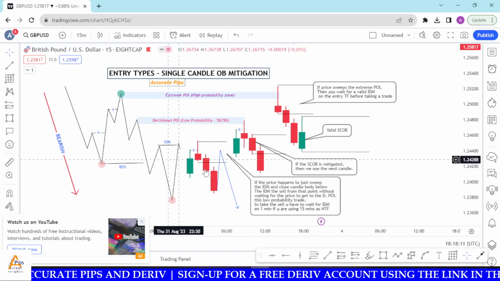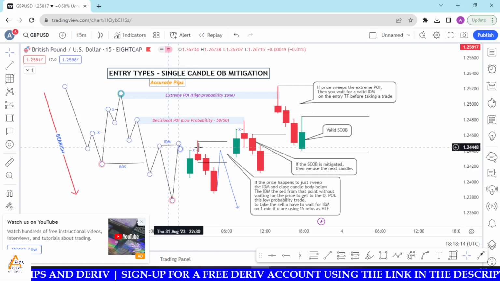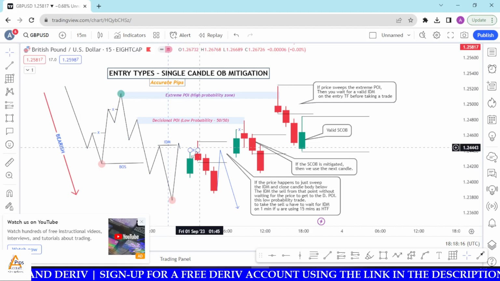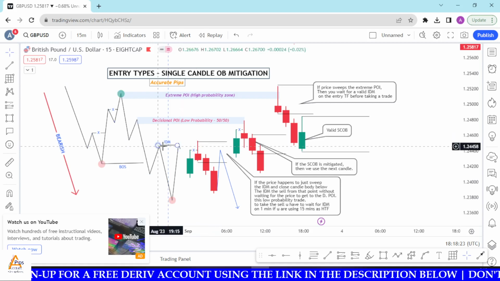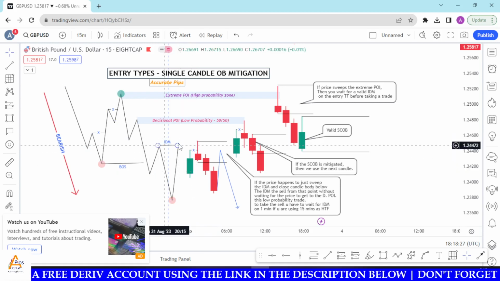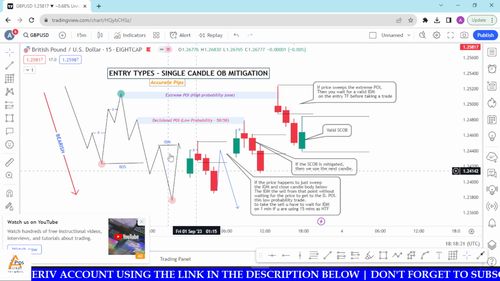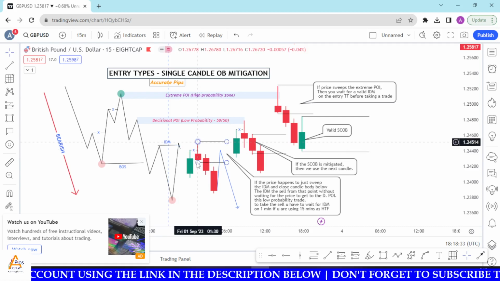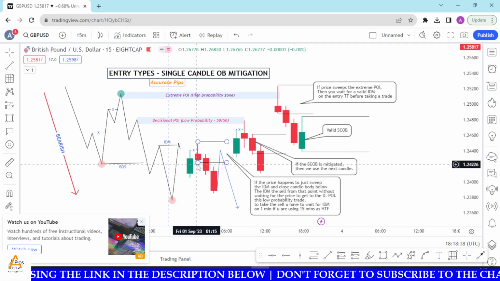There are times when market will just sweep your inducement and will not candle close above it on your higher time frame. Let's say market on 15 minutes just came and swept this and pushed down. When that happened, that is what we refer to as our single candle order block forming at that point.